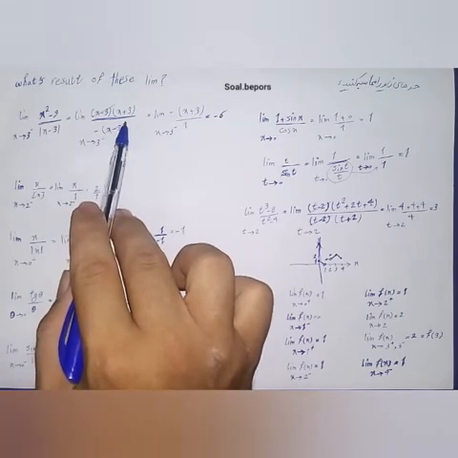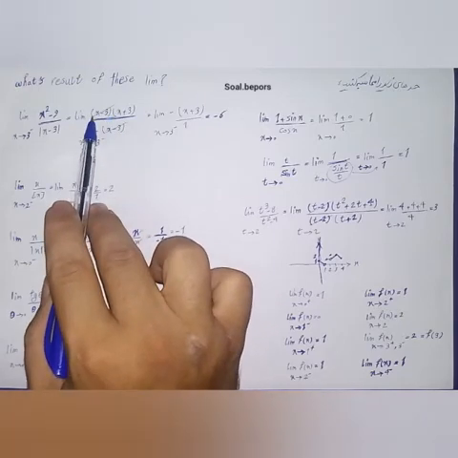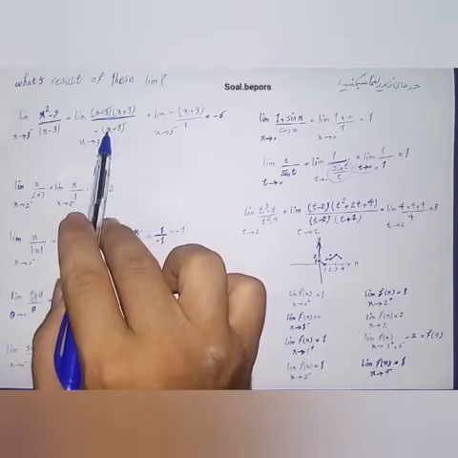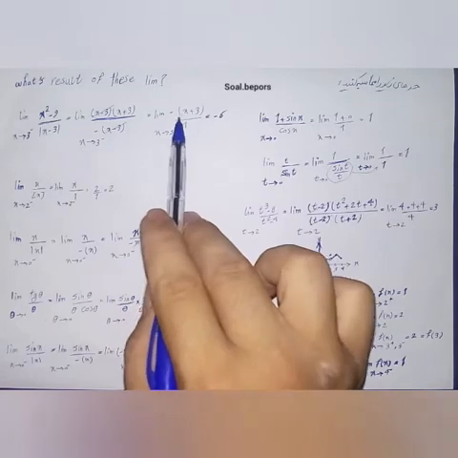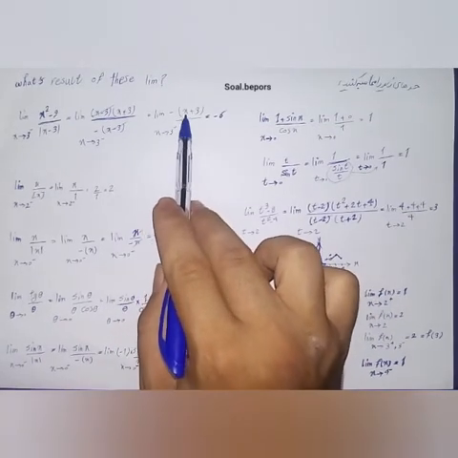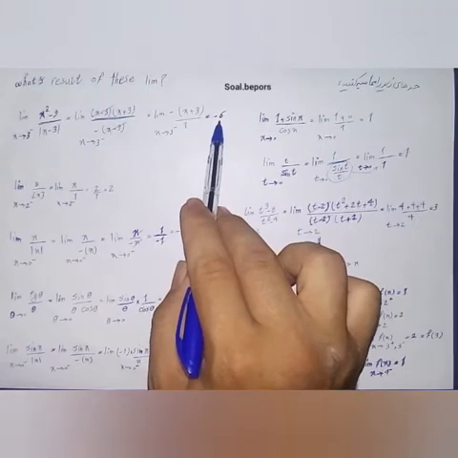So x minus 3 and x minus 3 are deleted from numerator and denominator, and at the end we put 3 in the equation and we have the result as minus 6.